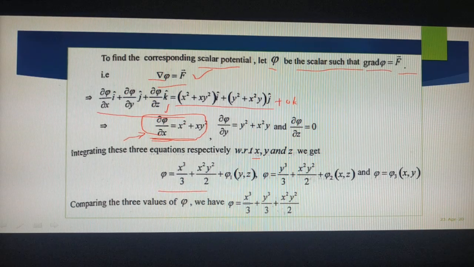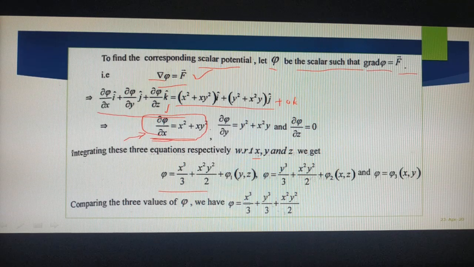At that time other terms are constants, so x square y square by 2 plus the remaining constant. We learned this topic in our PDE. Of course it is an integral constant, but it may depend on the other variables y and z.